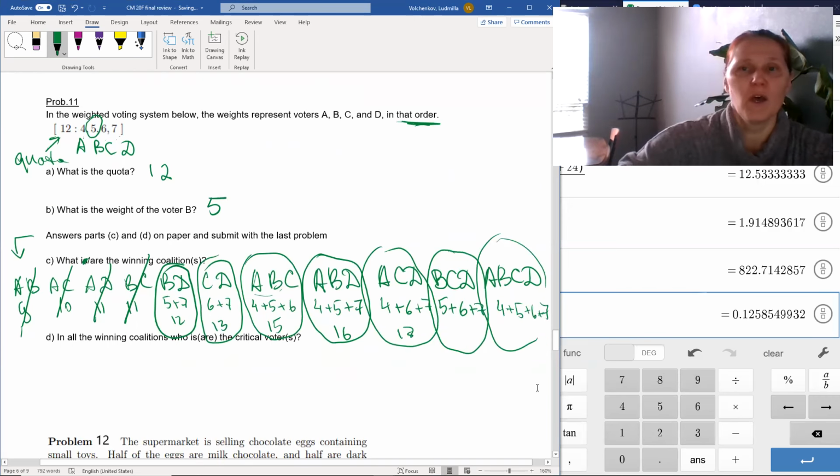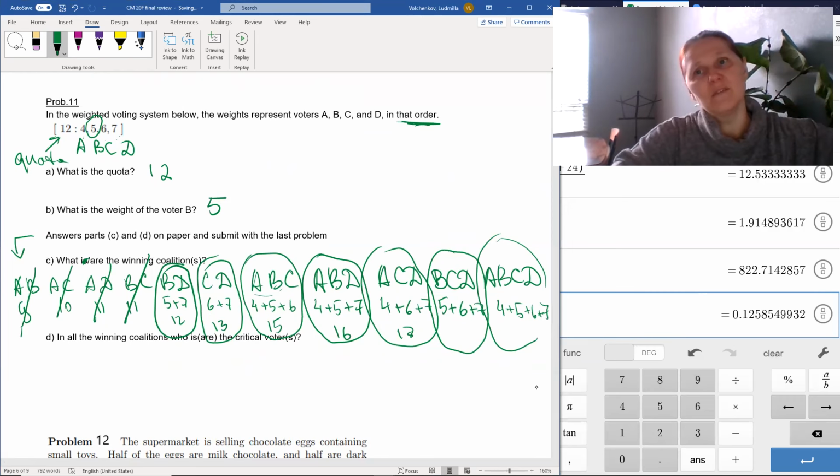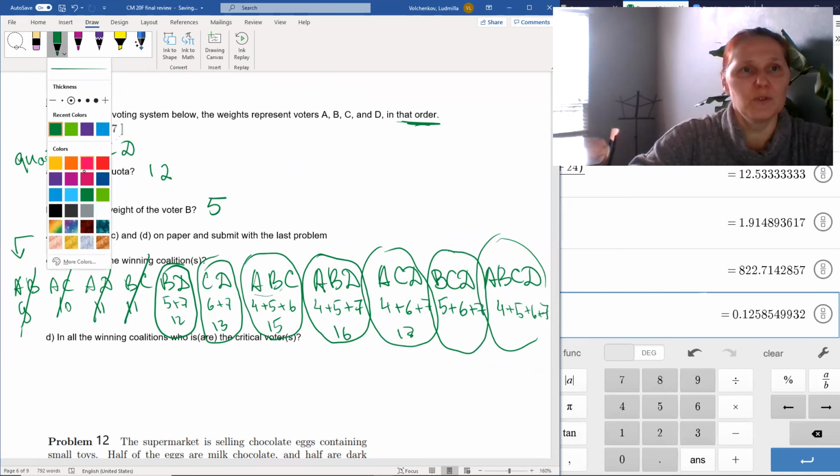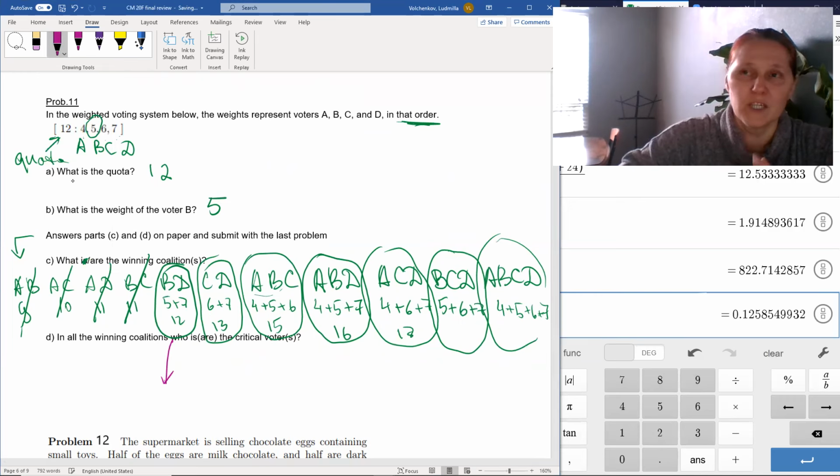We want to determine the critical voter. So it means that when this voter leaves the coalition, it is not winning anymore. In 2-member coalitions, both voters are critical. So both B and D are critical voters.